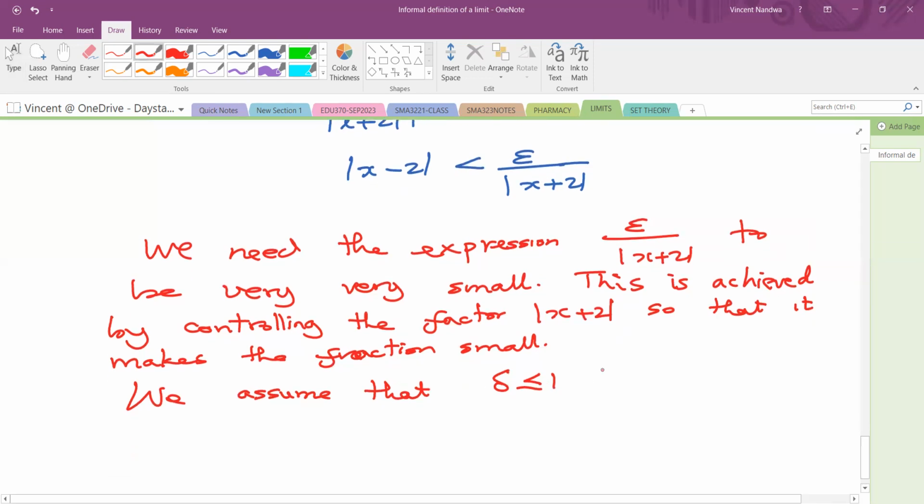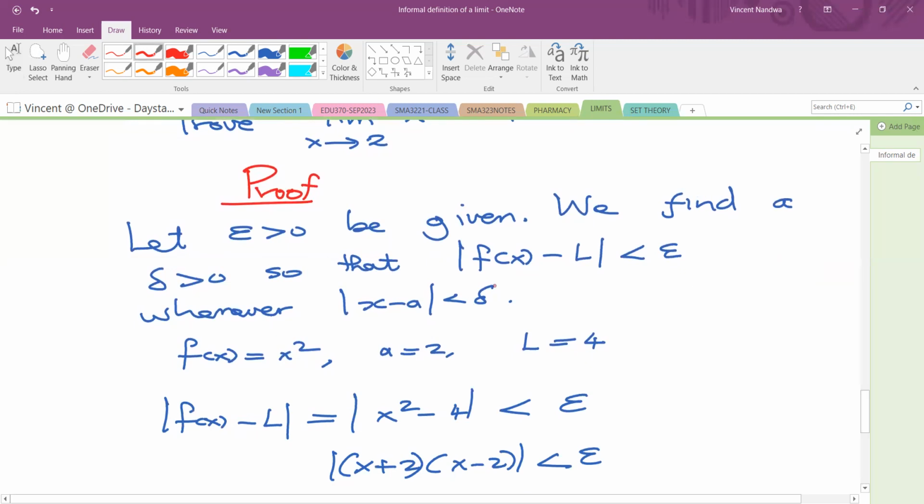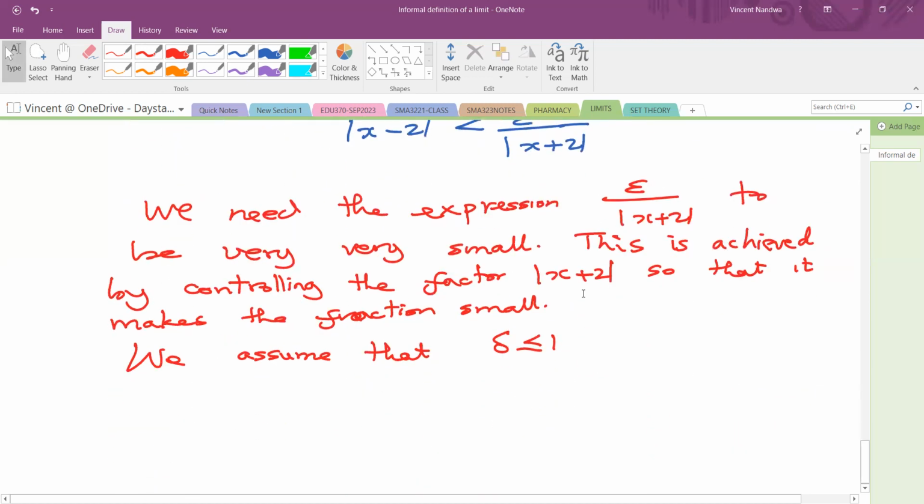So then now, if this is the case, then from the second part of the definition, remember we say, if we have this, this will always be the case. So which means that by taking delta to be less than or equal to 1, then we are allowing the absolute of x minus 2 to be less than or equal to 1.